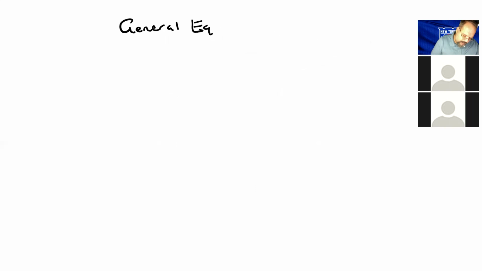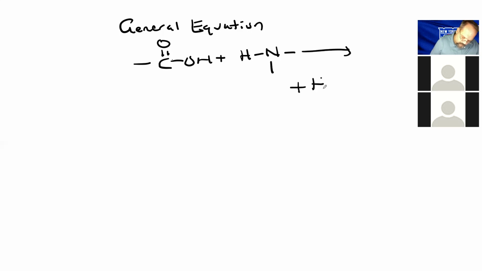All right, so let's take a look at the general equation. Okay, so you've got your carboxylic acid, you've got either your ammonia, your primary amine, or your secondary amine.